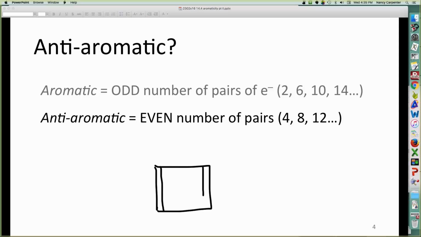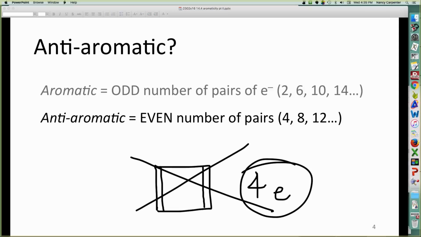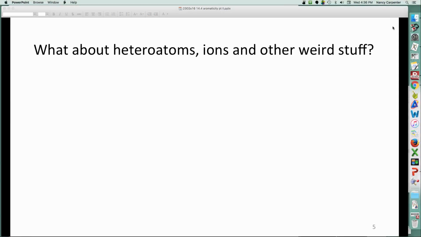It's cyclic, it's planar, it has a pi system, but it has 4 electrons in that pi system. Cyclobutadiene is extremely unstable, and we can only gather evidence for it when it's in some kind of special complexes. So that's kind of the bookend to aromaticity. Super stable, aromatic; super unstable, anti-aromatic.